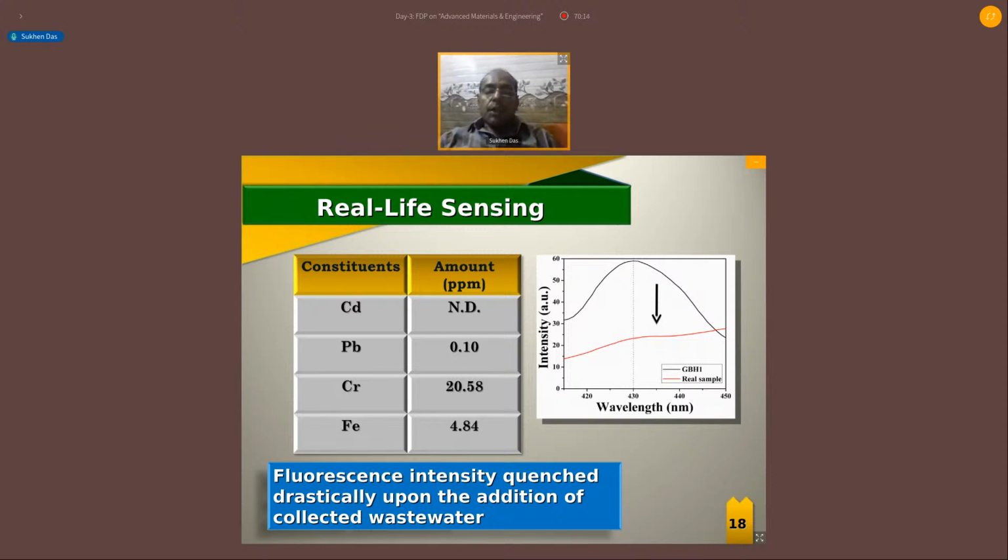But when we added the water collected from the Bantala canal, the fluorescence property is absolutely gone, just as we found with the chromium addition in our laboratory. So from this experiment we can easily say that the water we collected from Bantala contains chromium in a large amount.